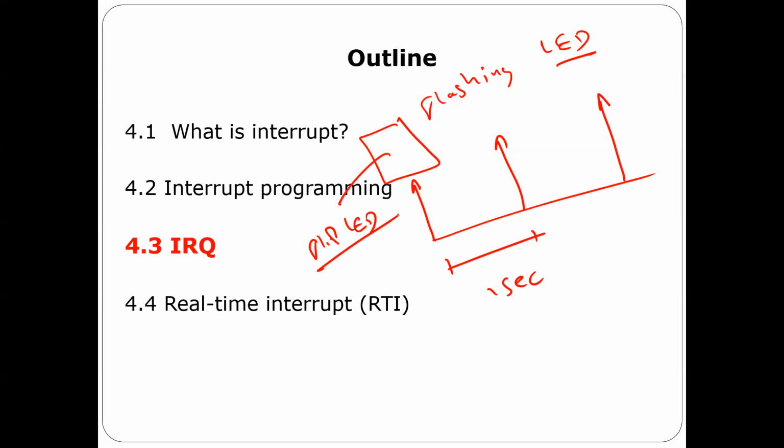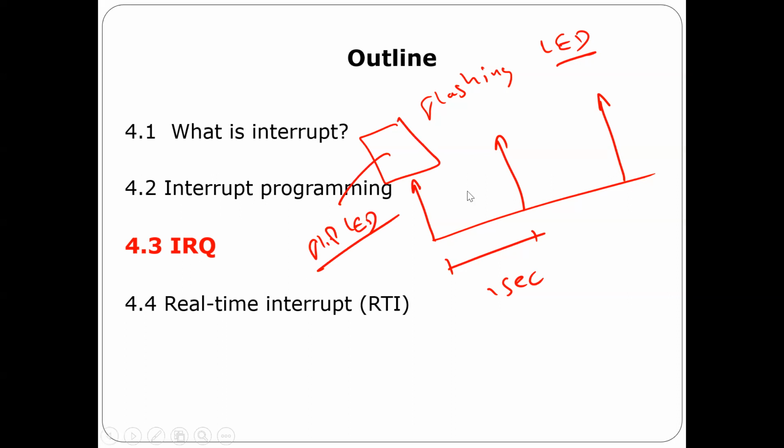You will see today how much easier this code is than what we did in chapter 3, because of using interrupts. Interrupts can make things easier because most of the work is done by the hardware. I'm not going to write code to count for 1 second; the counting is done by an external circuit, the timer.